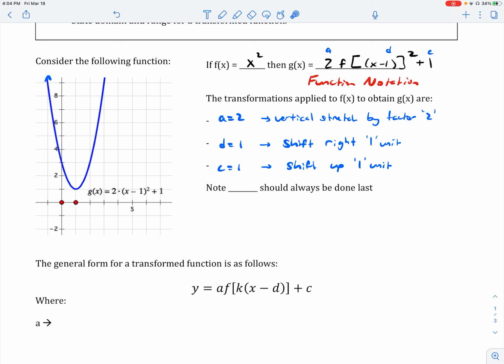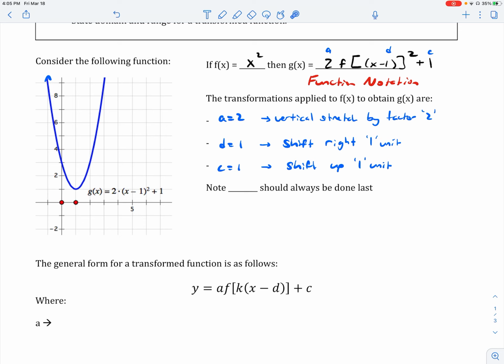And I also listed these in the proper order. So when doing these transformations, if you're going to do them one at a time, you would want to do the stretch first. Then you can do the 2 shifts last. So it doesn't matter if you do horizontal stuff before you do vertical stuff. What matters is that you do the shifts last. Why do you have to do them last? Well, shifts always refer to an addition or subtraction that needs to be made.